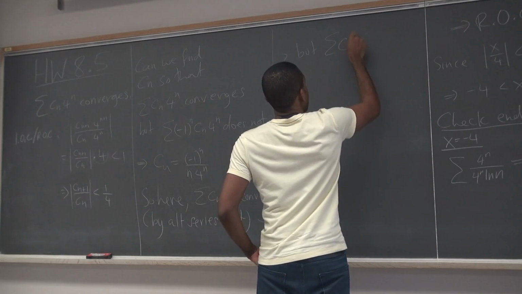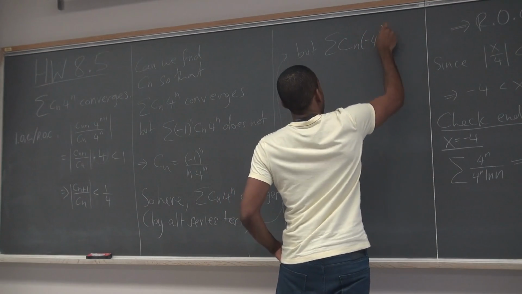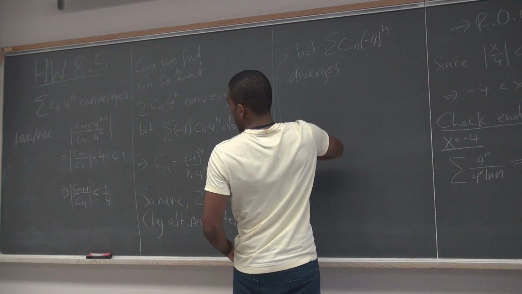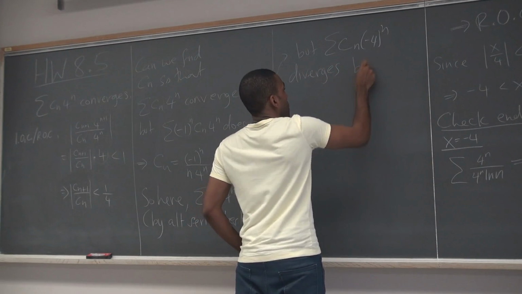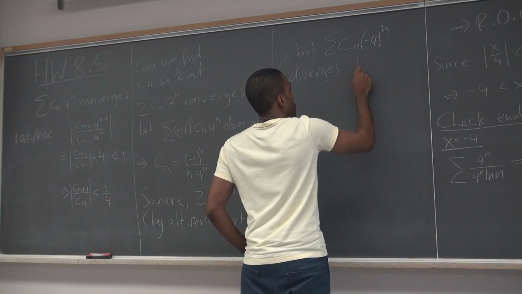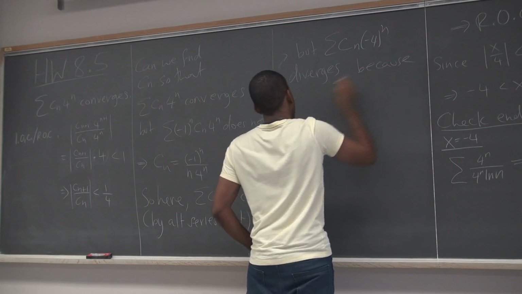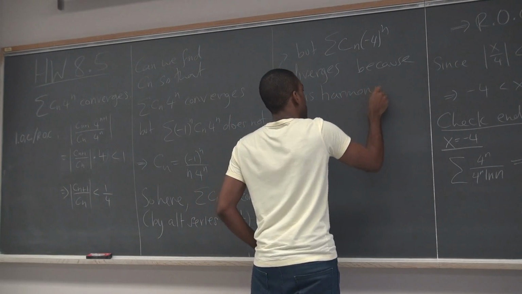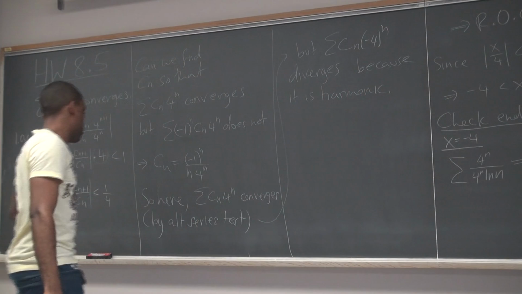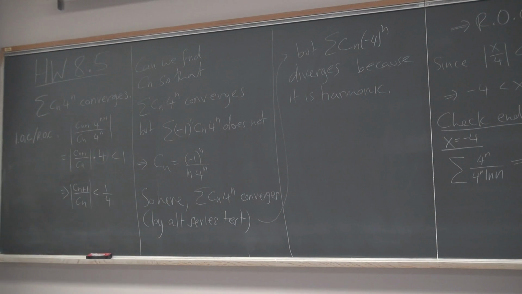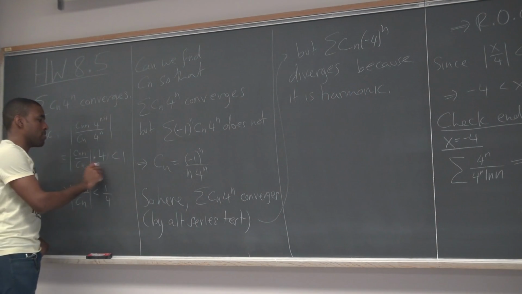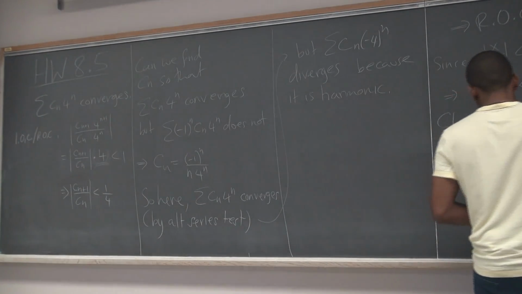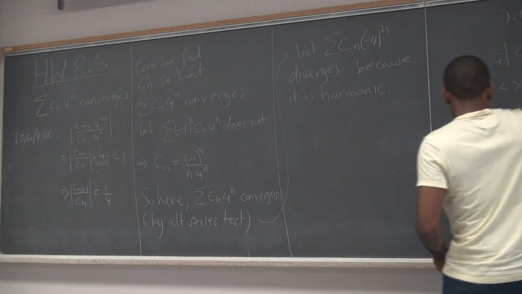But Cn minus 4 to the n diverges because it is harmonic. Yeah, so being off by a factor of 4 was our limit here. So the first one is fine using the absolute convergence test.